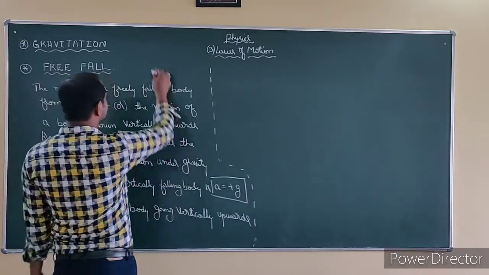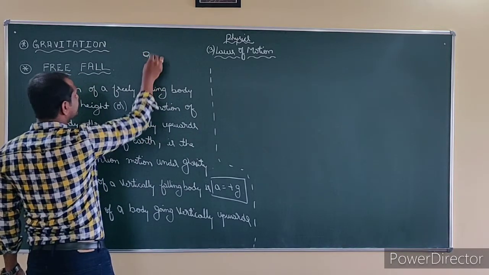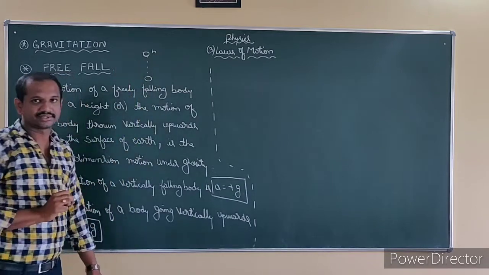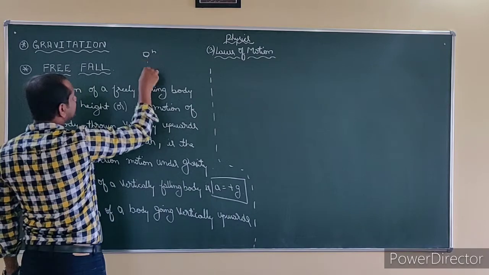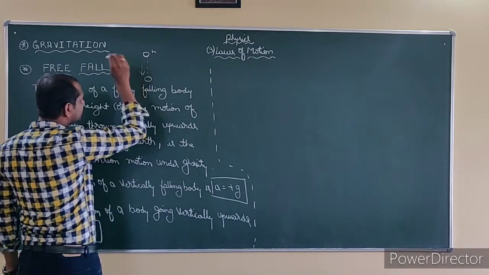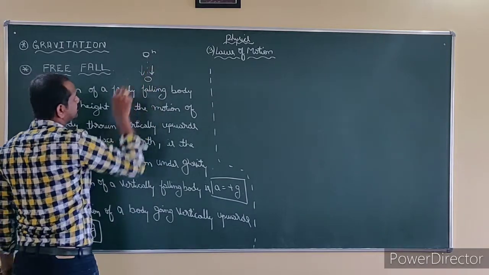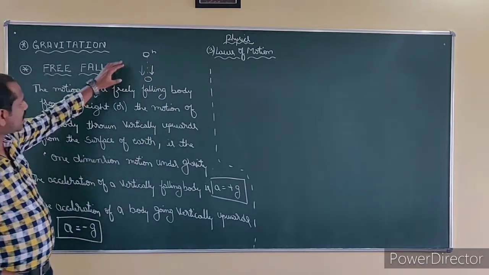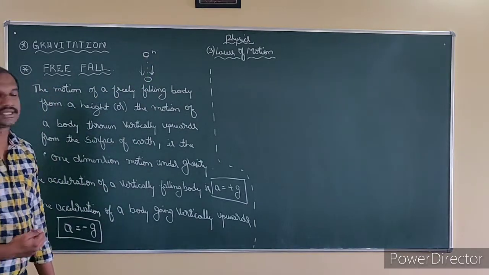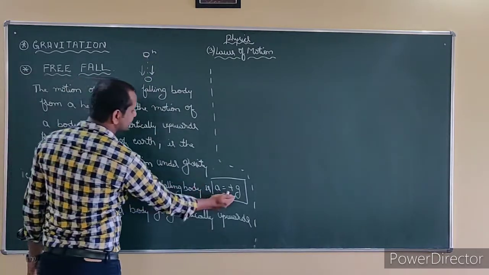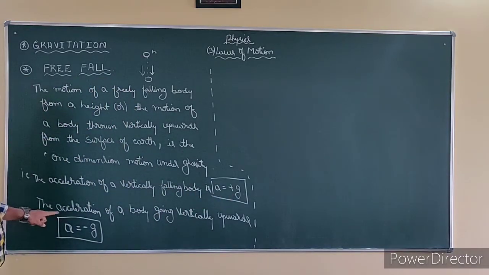The earth is pulling the object downwards, and the object is also falling downwards. Both the object's motion and the applied force are downwards. Hence, we can say the acceleration is considered to be positive.